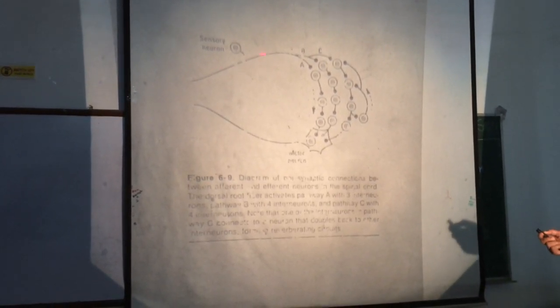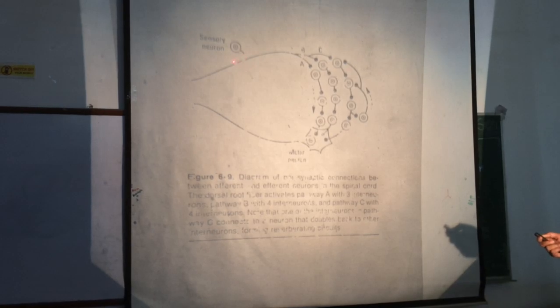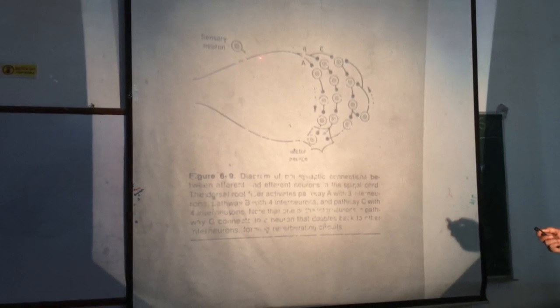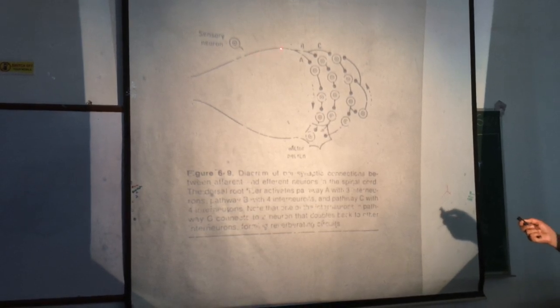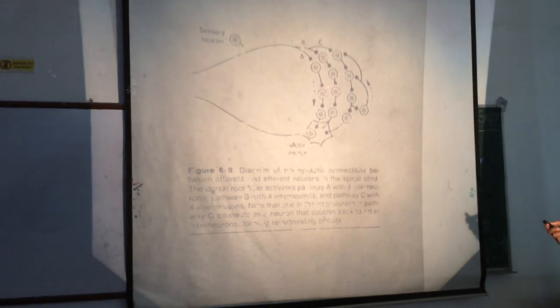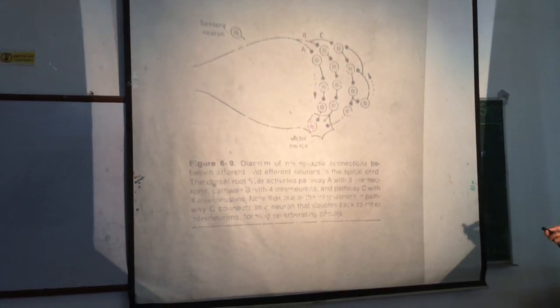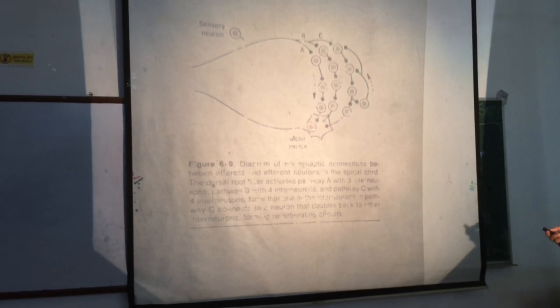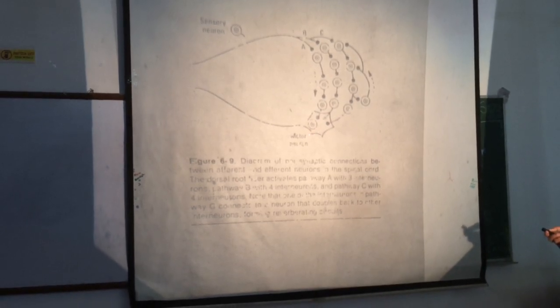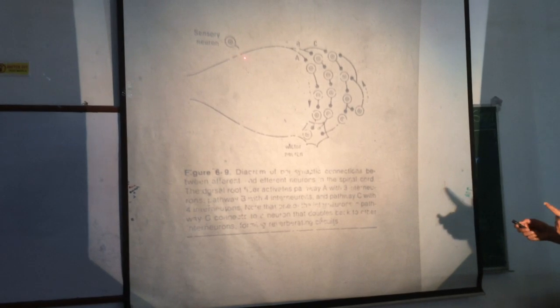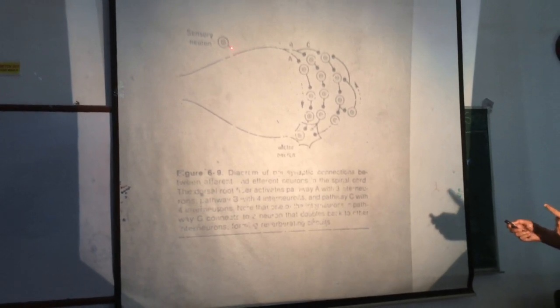This is the sensory nerve fiber, afferent. You stimulate this afferent nerve fiber, and it forms synapses with the interneurons and then finally with the motor neurons. You stop the stimulation of the afferent nerve fiber.